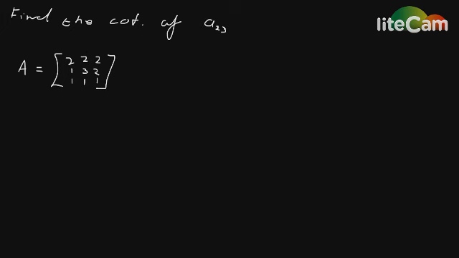So A23 is this element over here, row 2, column 3. It's that element over there.